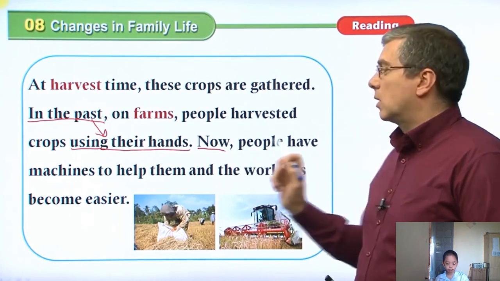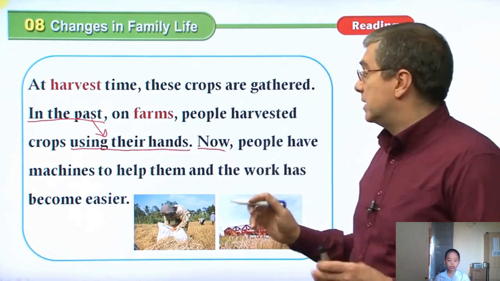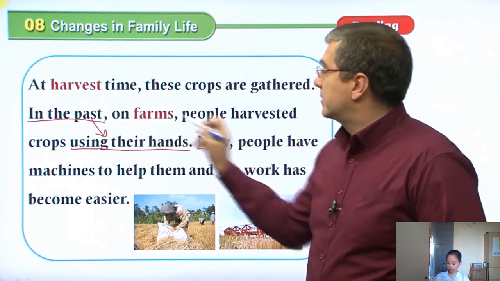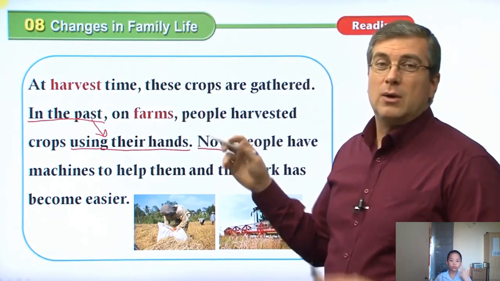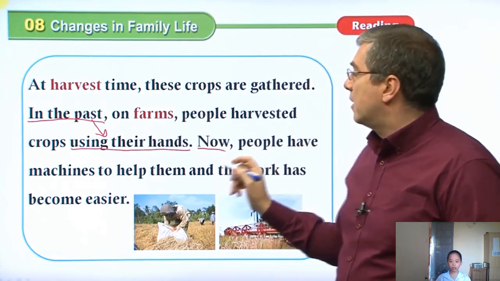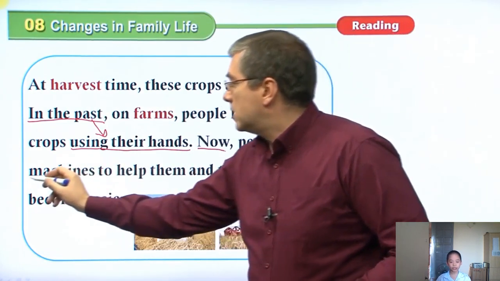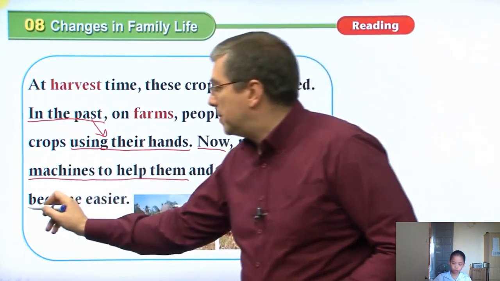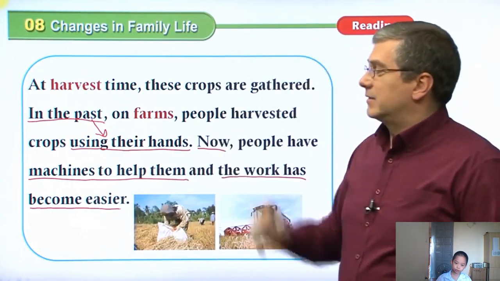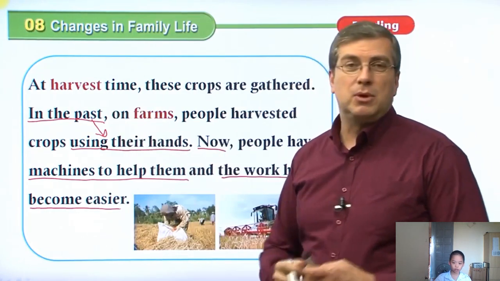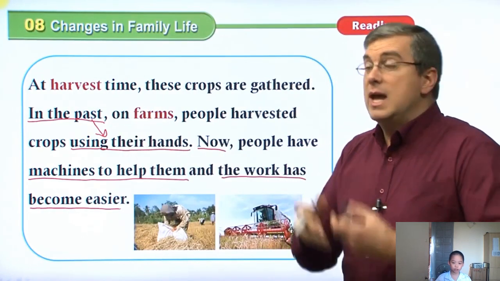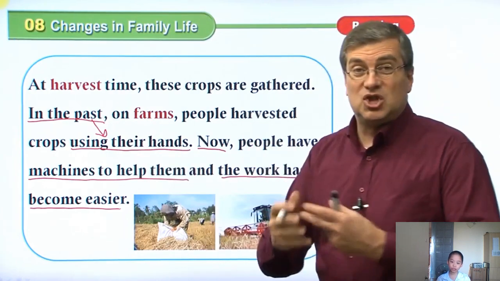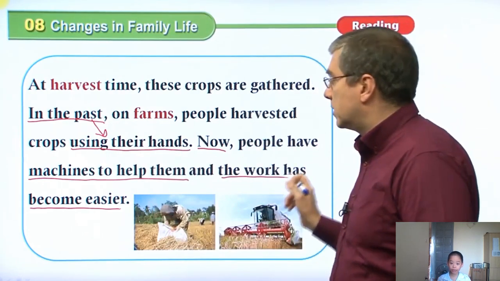In the past at harvest time, people needed to use their hands to gather the crop. But now we can use a machine to gather the crop easily. Now people have machines to help them and work has become easy.